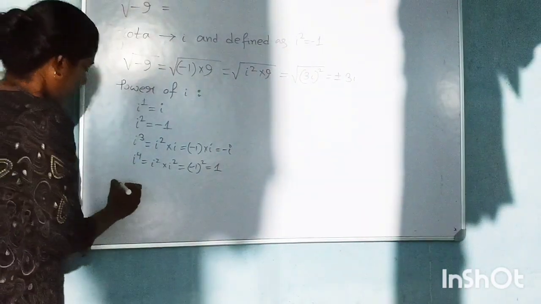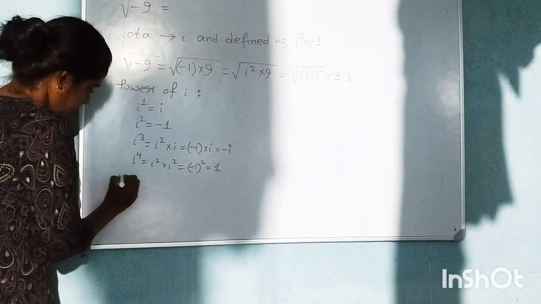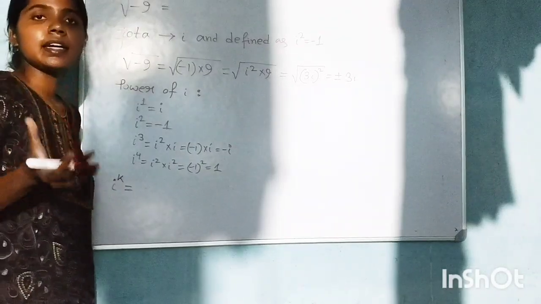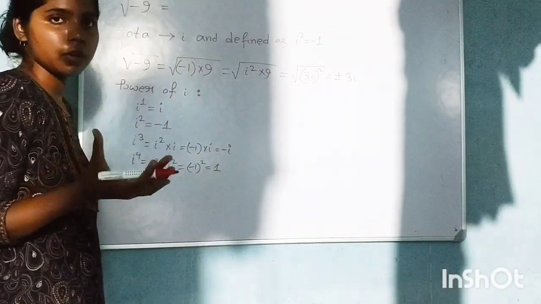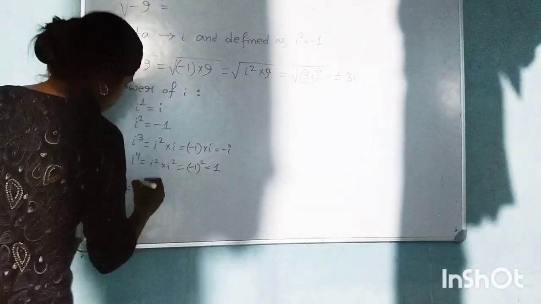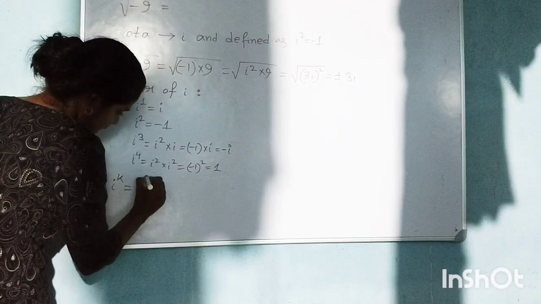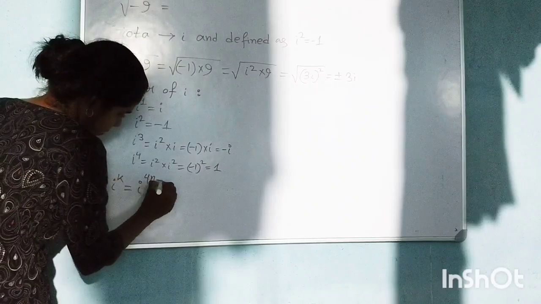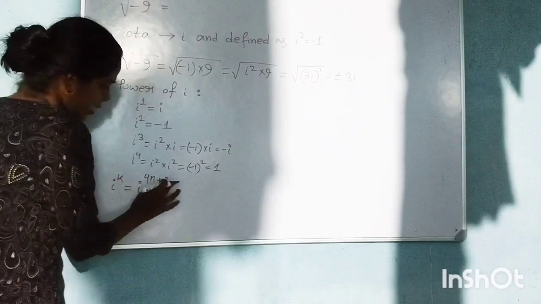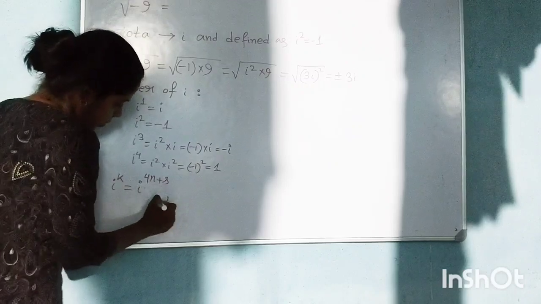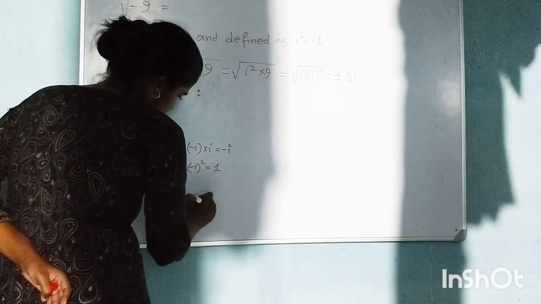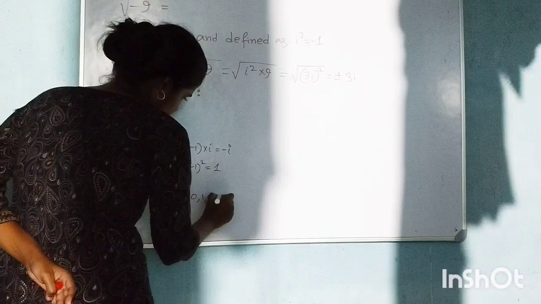Any number of power i, if any power i to the power k, we can write it as a multiple of 4 plus some remainder. So we can write i to the power k as 4n plus s, where s is the remainder. s can be 0, 1, 2, 3.